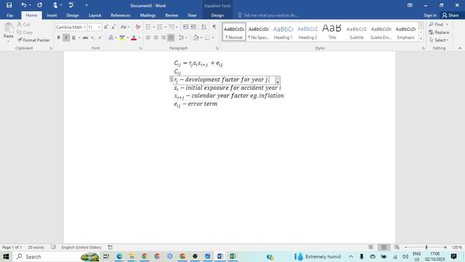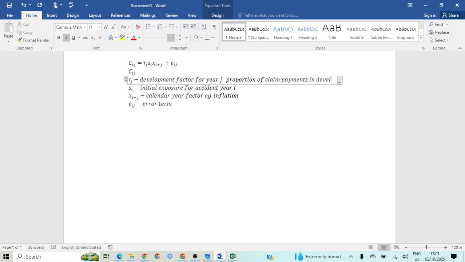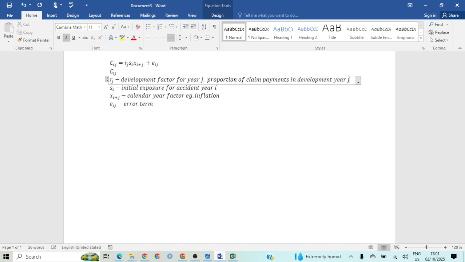It is the proportion of claim payments in development year j. And this is the incremental claims.